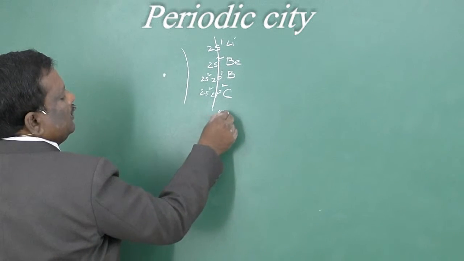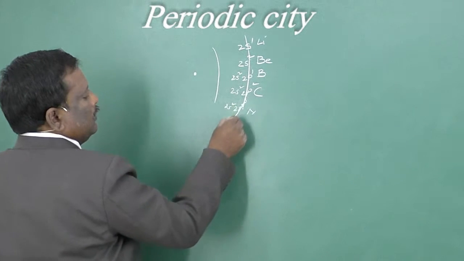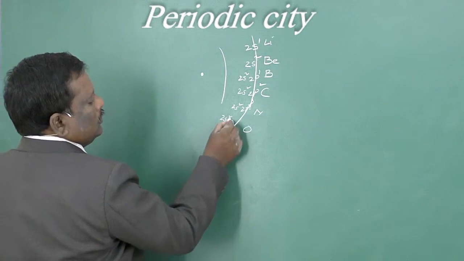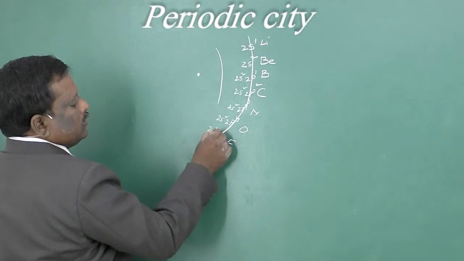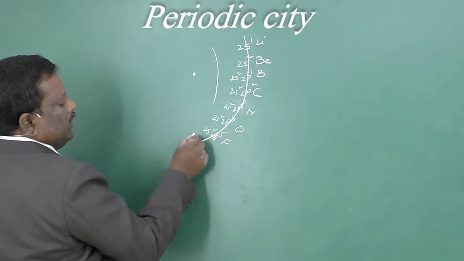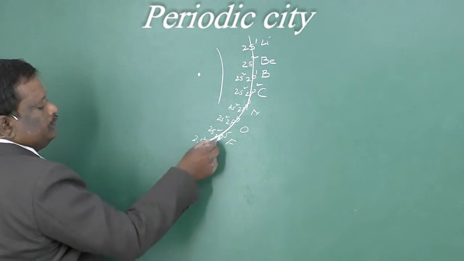Then nitrogen, 2s2, 2p3. Then oxygen, 2s2, 2p4. Then fluorine, 2s2, 2p5. Then neon, 2s2, 2p6.